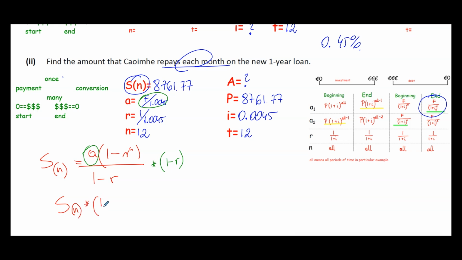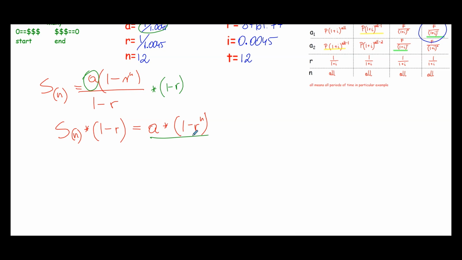So on one side of the equation I have my Sn multiplied by 1 minus r, and on the other I am left with a multiplied by 1 minus r to the power of n. To eliminate that, I divide both sides by 1 minus r to the power of n. So that goes, and I am left with this.